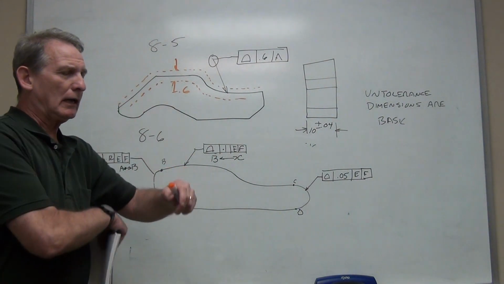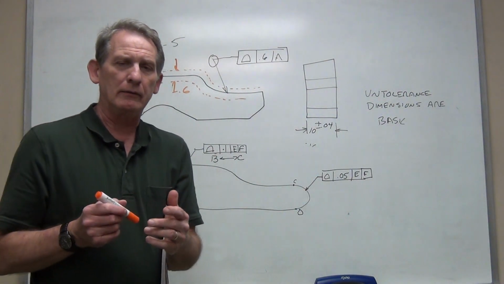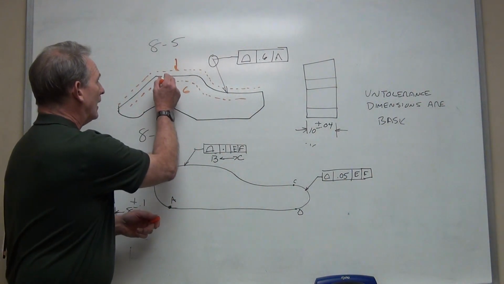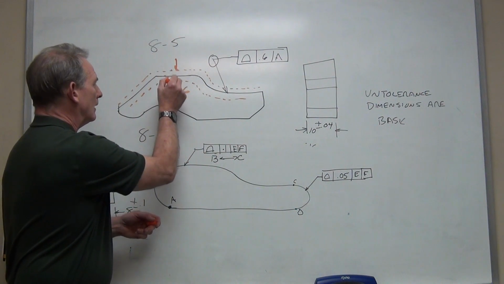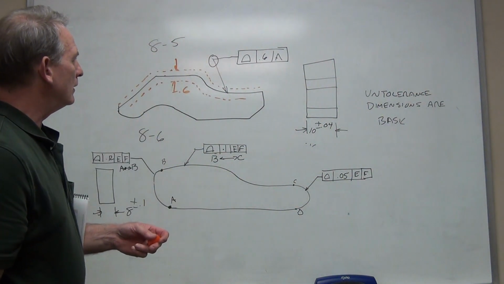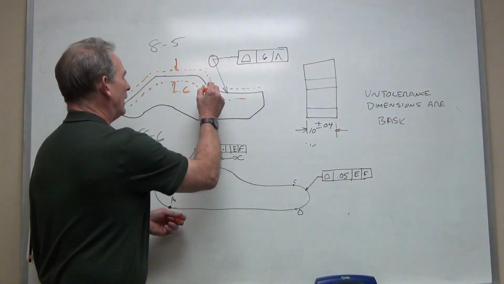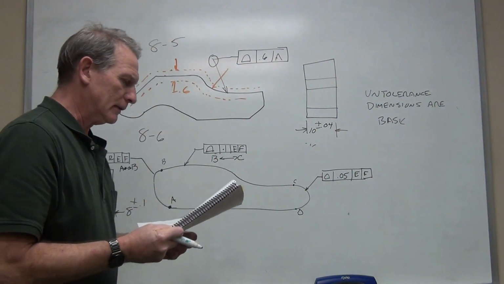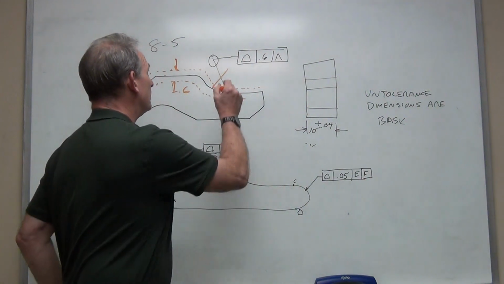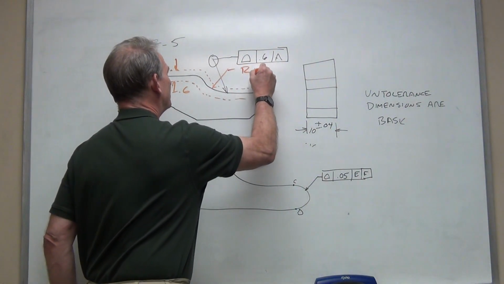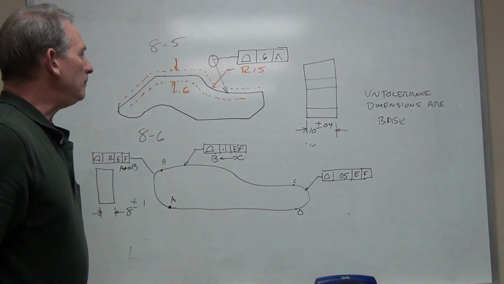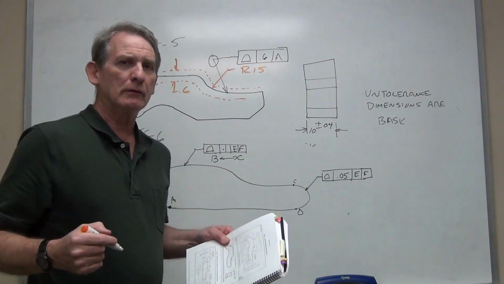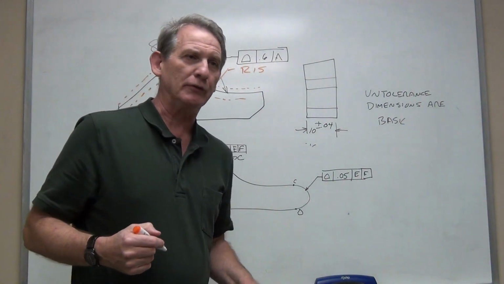But look at what this tolerance zone is, and there's something interesting about this. Yes, this line is just offset outward and inward by 0.3 in each direction, but look at these radiuses. Here, this radius in the example is defined as R15. That's the radius that defines the size of the actual feature.